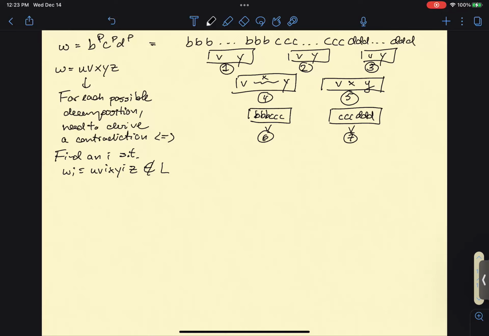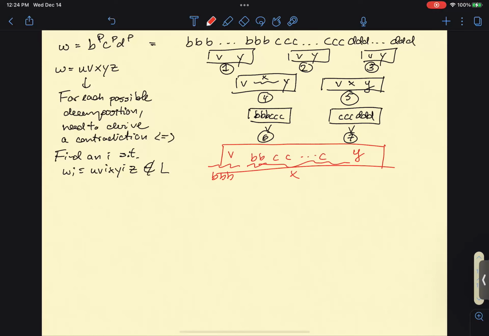Now what about the case where V is B's and then X is over here, so X is C's, and then Y is D's? Why? Very good, excellent.